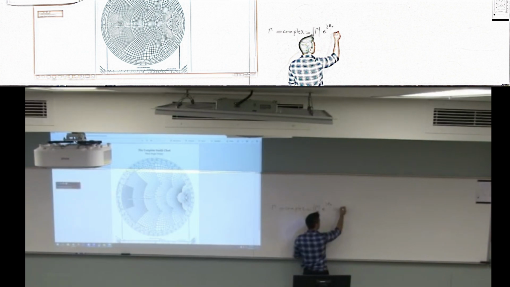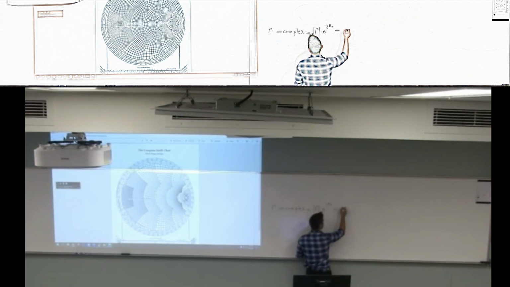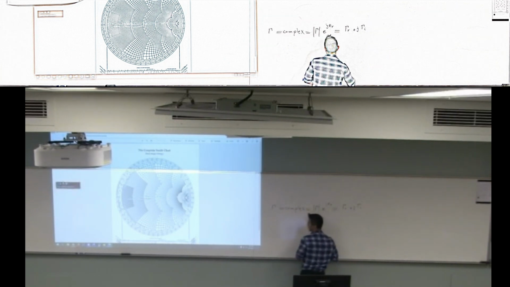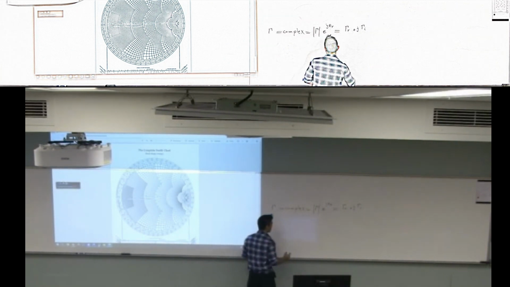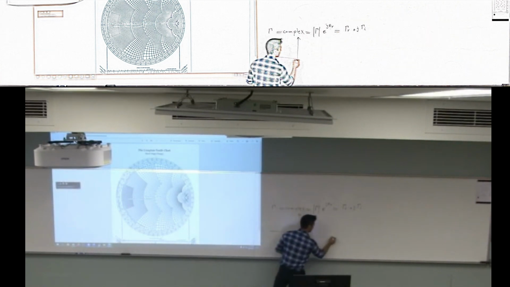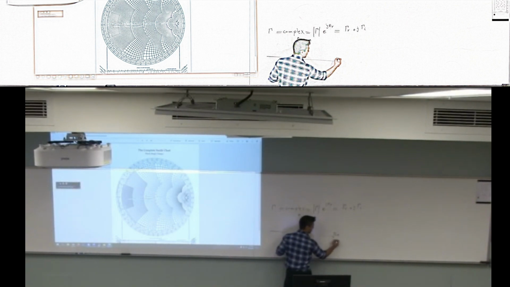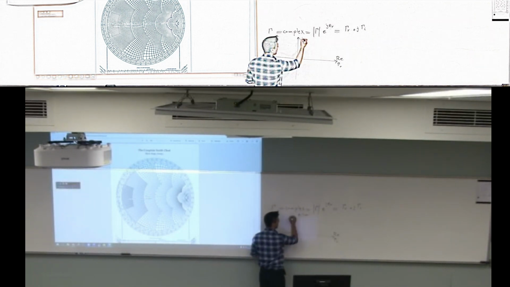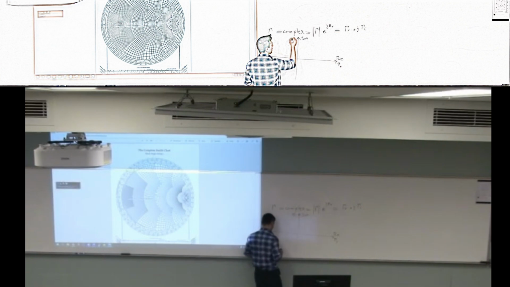At the same time, it can be written in the real plus imaginary form, which would be gamma r plus j gamma I. Similar to what I explained before, you have the real axis. Since we're plotting gamma, let's call this gamma r. And then you have the imaginary axis, gamma I. Okay?